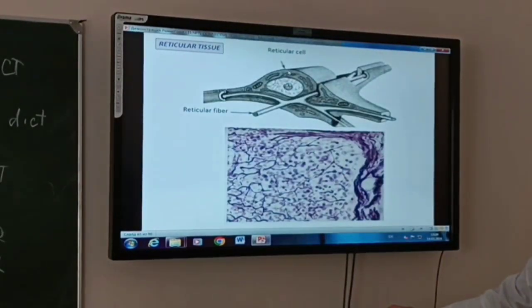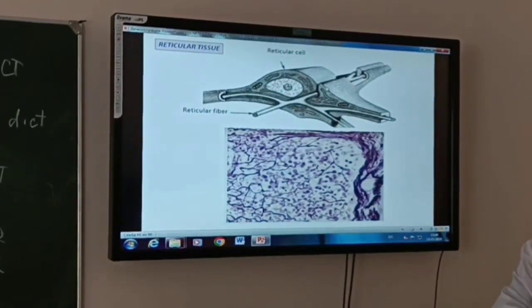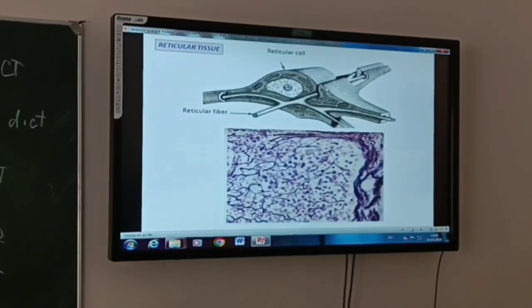What elements are necessary to identify? You can see rough endoplasmic reticulum. Here it's not visible. So you should only name structures of the reticular cell. That's all that is necessary to do for the next class.